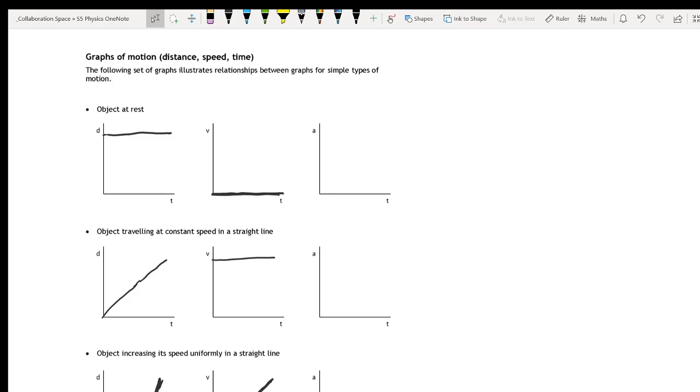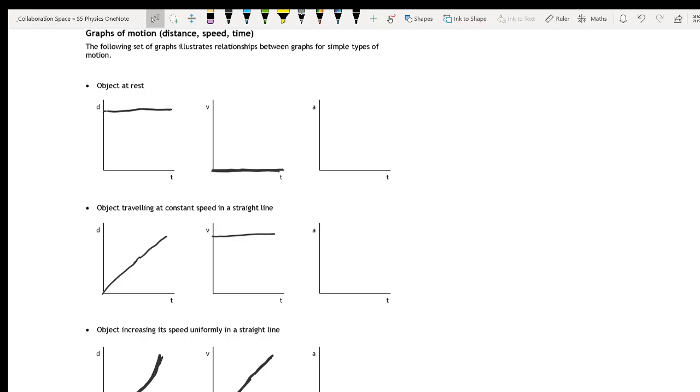Right, guys. Okay. So the first one, object at rest. It doesn't really matter where that line is. It just has to be the same distance constantly, so a horizontal line. It could be down here because it could not have set off at all, or it could have set off and then stopped.